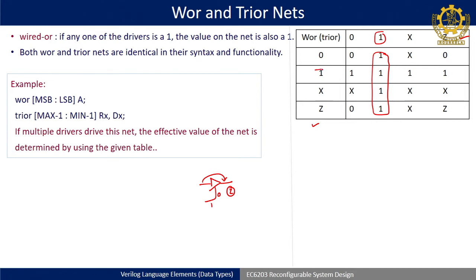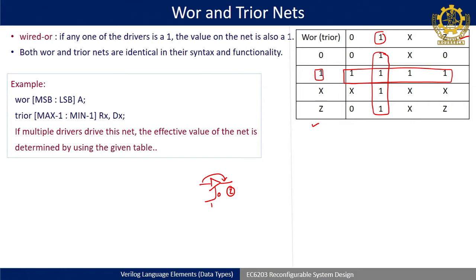Similarly here also, if it is 1, the entire output becomes 1. This just follows the OR behavior we know. If any one is 1, the output is 1 irrespective of the other input. In the rest of the cases you have to follow the table.